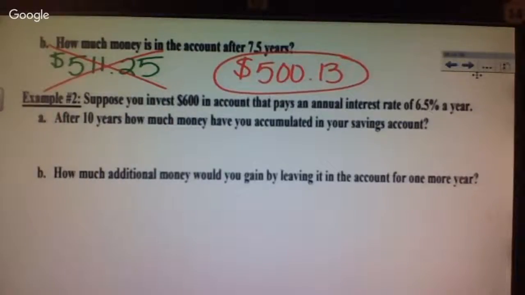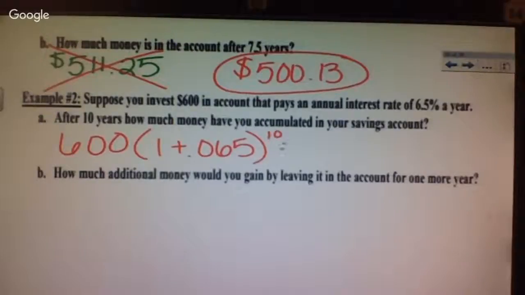What do I start off with? 600 times 1 plus 0.065. Good. Raise to the 10th. 1,126.28.